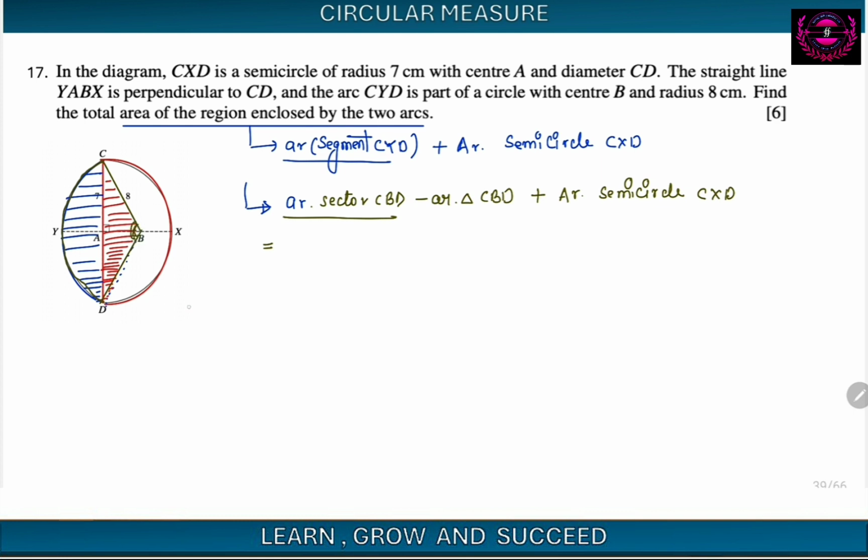So for the angle, we will take triangle CAB with 90 degrees. Let's say this is theta. So CA is 7 and this is 8. Now perpendicular upon hypotenuse, sine theta.